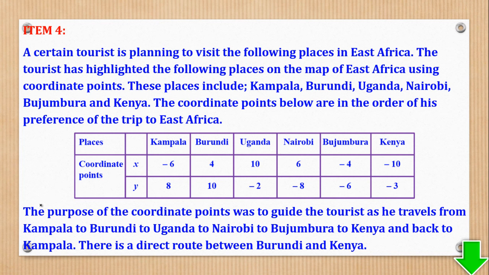Then the purpose of the coordinates was to guide the tourist as he travels from Kampala to Burundi to Uganda to Nairobi to Bujumbura to Kenya and back to Kampala. There is a direct route between Burundi and Kenya.